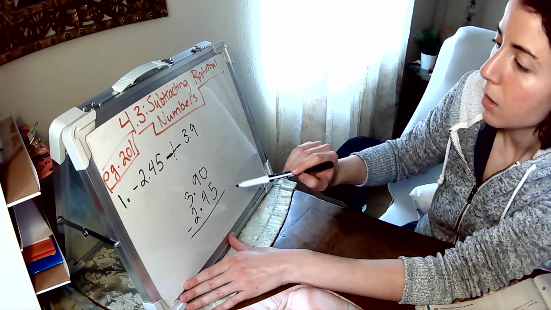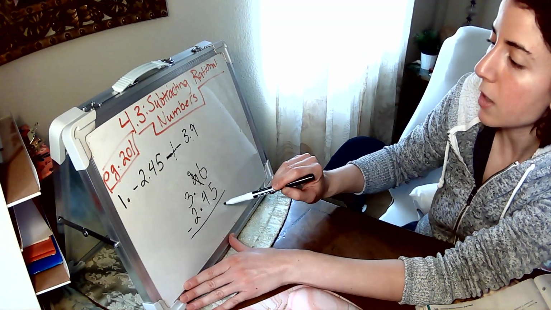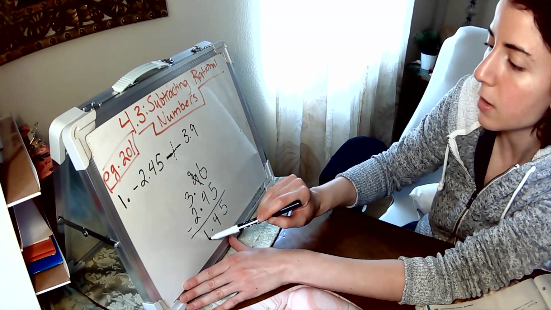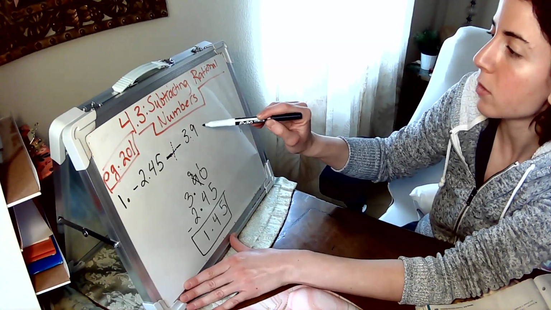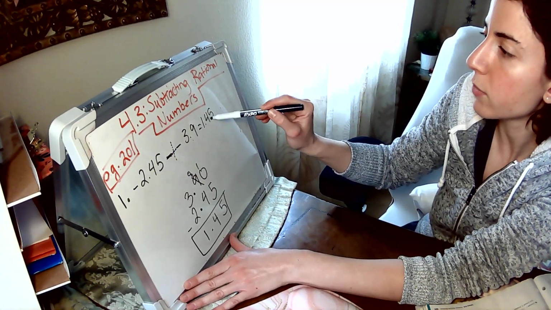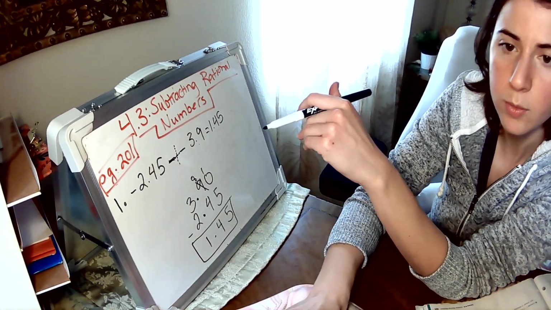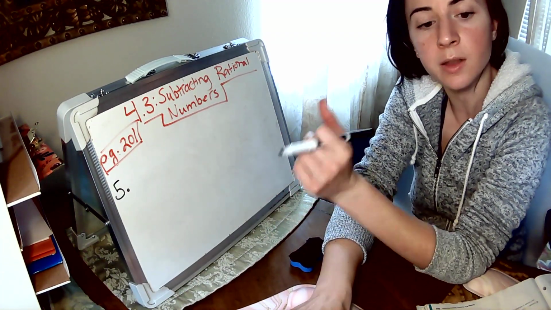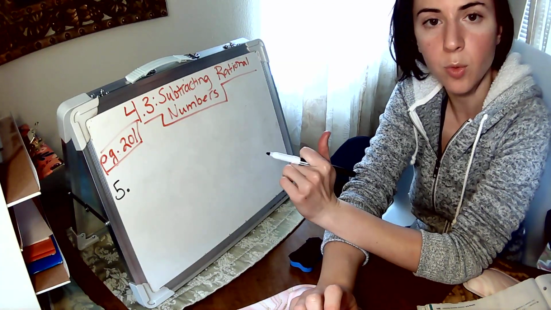Now this becomes 8, and we have 10, so this becomes 5. 8 minus 4 is 4, point, and then 1. So positive 1.45. Cool. So now I'm going to do number 5, and then number 13, and then we're going to move on to lesson 4.4.